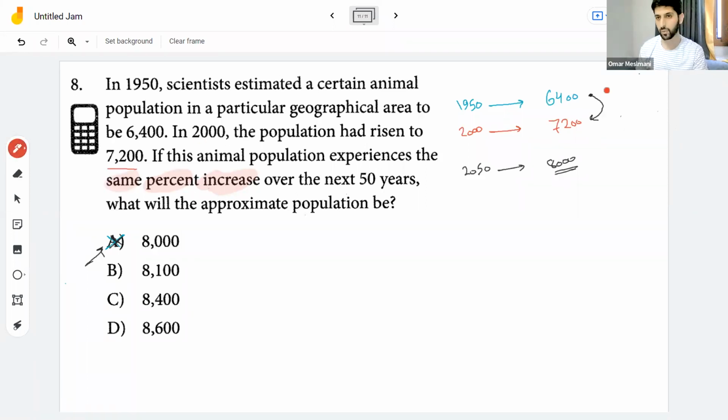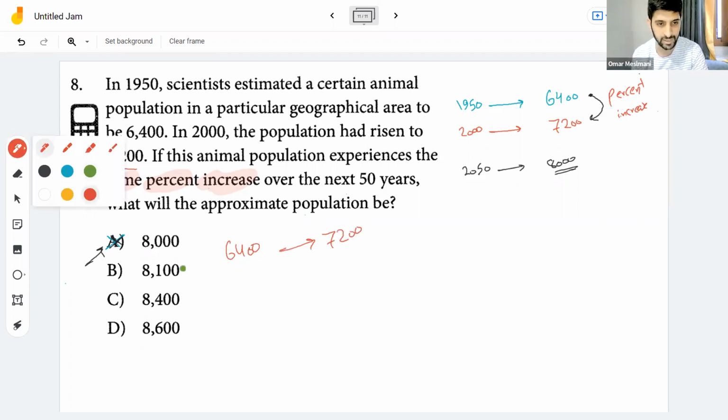So I'm looking for the % increase. First of all, I have to calculate the % increase from 6,400 to 7,200. And by the way, this is what we call the difference in value. Do you understand?